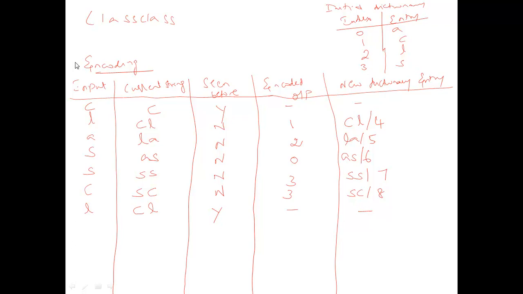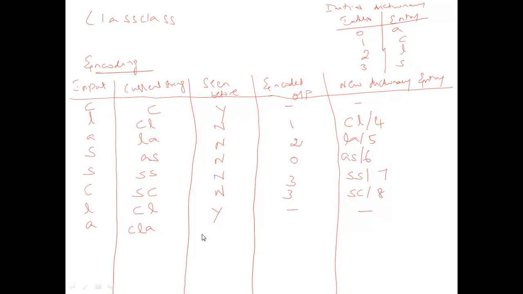Now take the next entry A. So what is the current string? Current string is nothing but previously unencoded plus the new input. Now you can see both C and L are unencoded, because we have encoded only till this S. CL is left unencoded. So you will write CL with the current input A. All the three are unencoded.